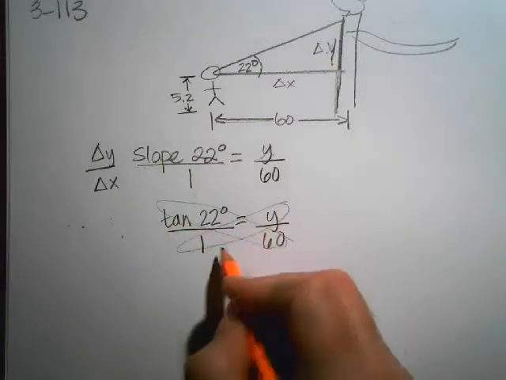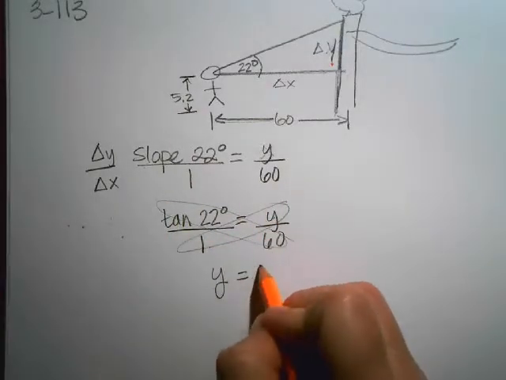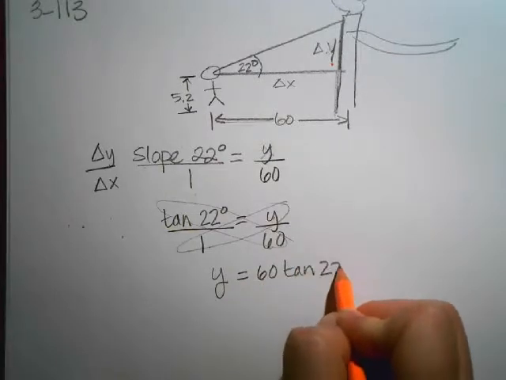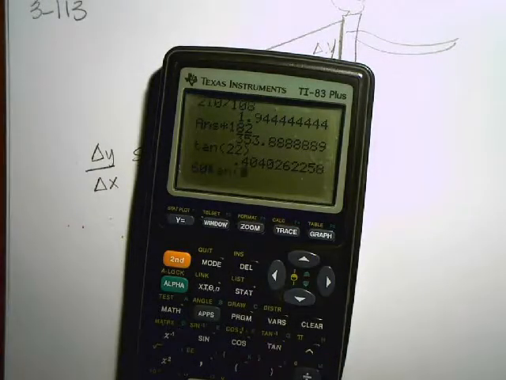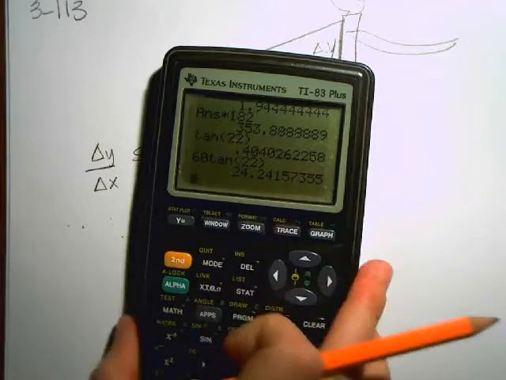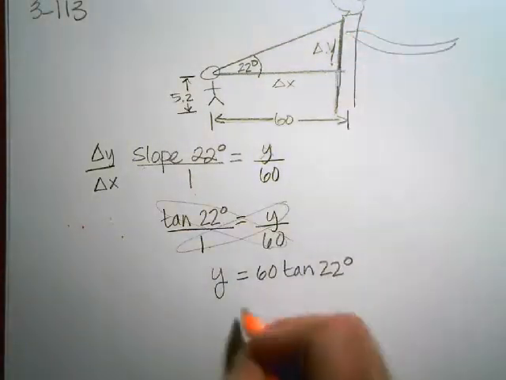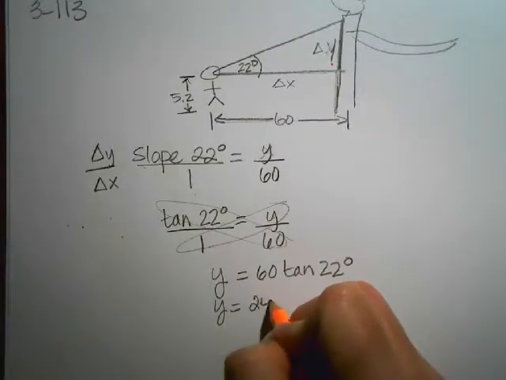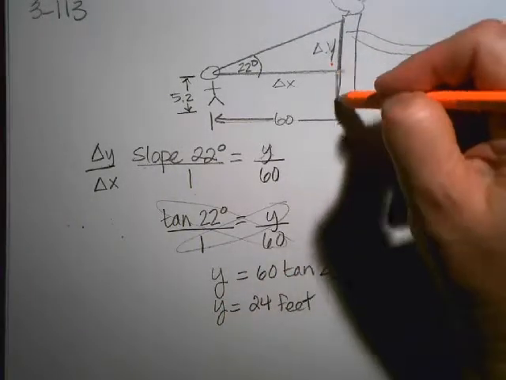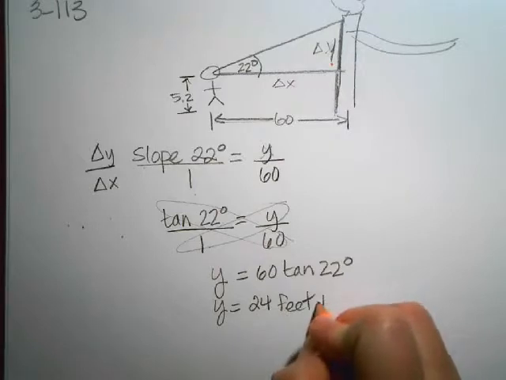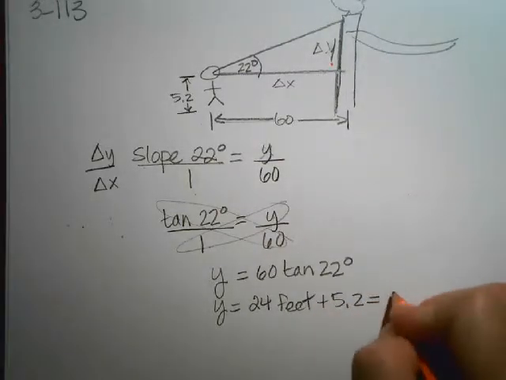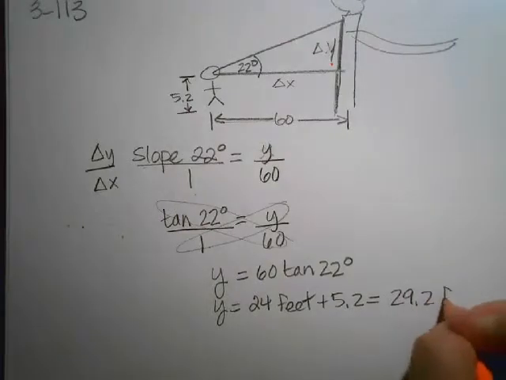That would give me 1 times y is y, 60 times tangent of 22 degrees, and then just put that all in the calculator at once instead of doing it in separate steps and getting answers that are not as accurate as possible. So about 24 feet, so this is about 24 feet, plus we need to add this distance from his eyes to the ground, which is 5.2. So plus 5.2 would be about 29.2 feet.